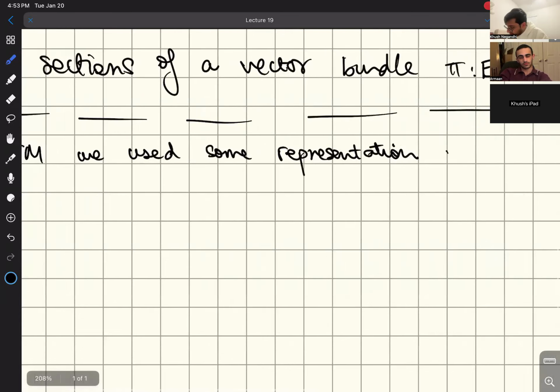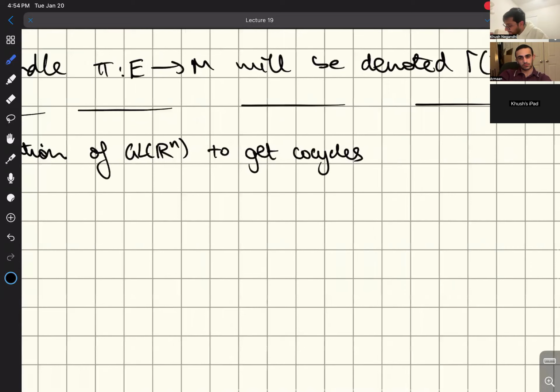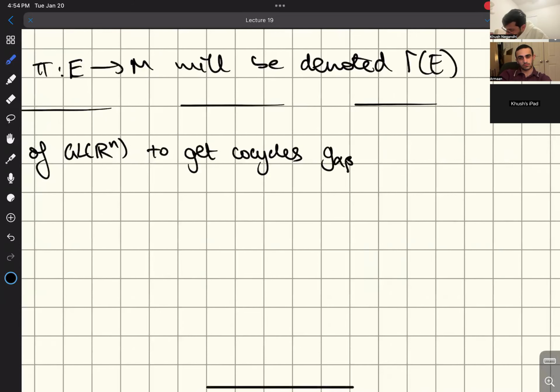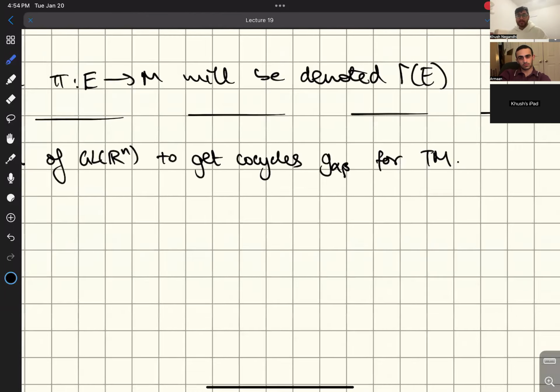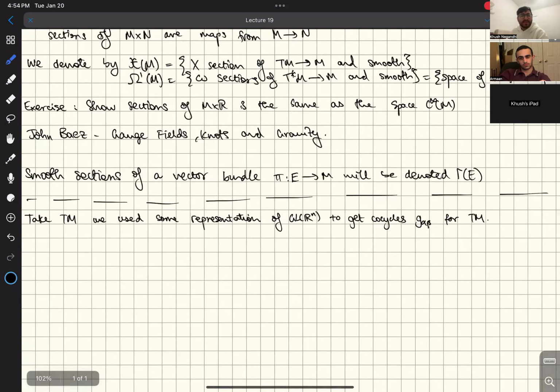We used some representation of GL(n,R) to get cocycles, g alpha beta, for the gluing of M. I don't think you were there when we discussed this, right? I watched the lecture for it online, so okay. Okay.